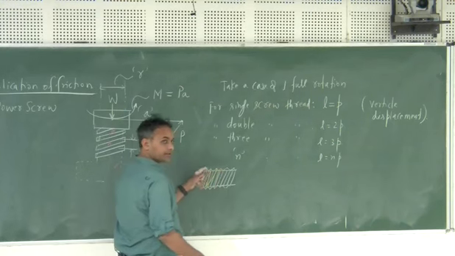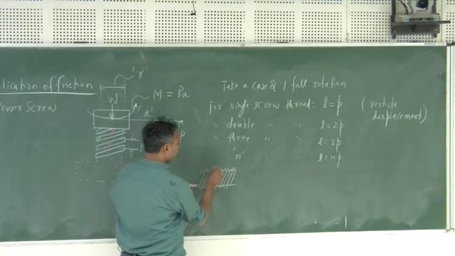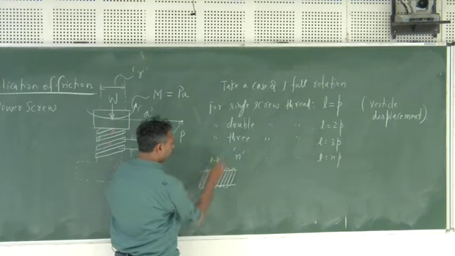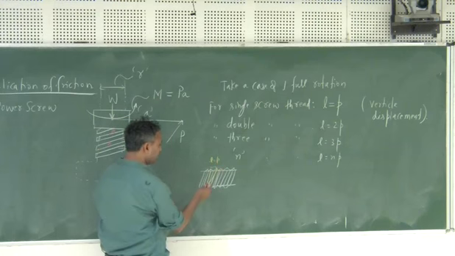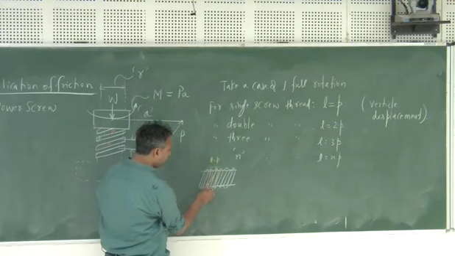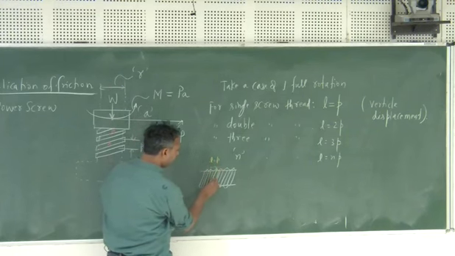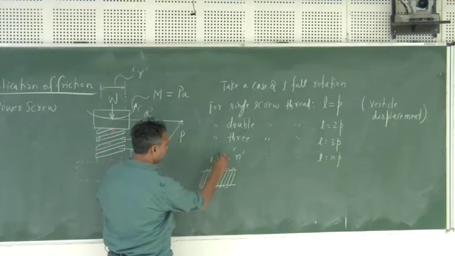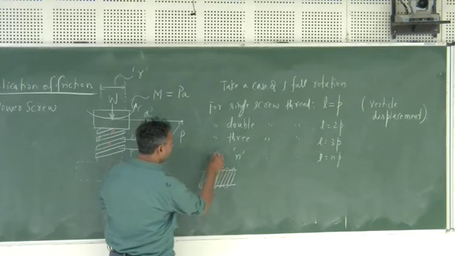It means that your L will become P. Now, if you take a double thread system, in one full rotation the point will go and join this, so L is equal to 2P.